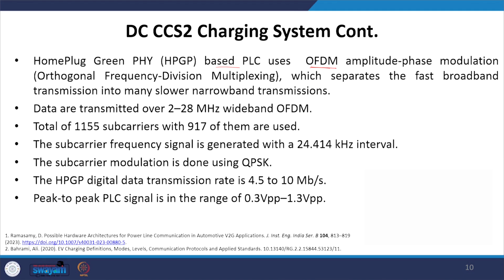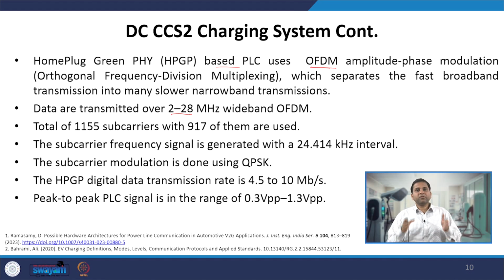In this, a lot of signals at different frequencies are multiplexed together. The entire frequency band is a wide band of 2 to 28 megahertz. In that wide band, a lot of subcarriers are there, that means a lot of carriers with defined frequencies, and those carriers are used to send information and are multiplexed together, which forms the PLC signals.